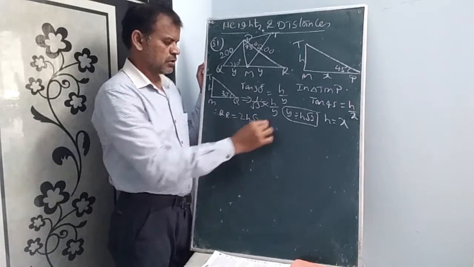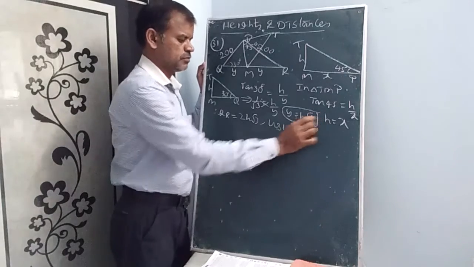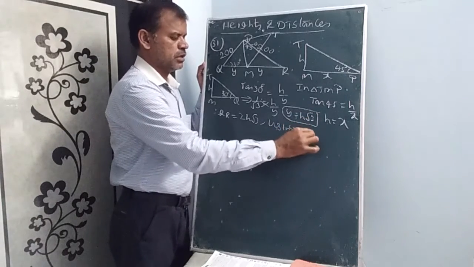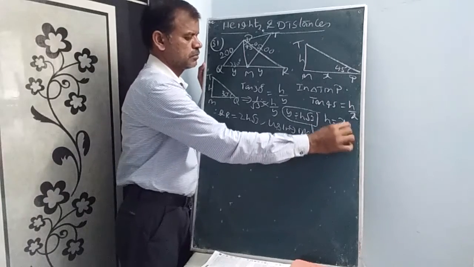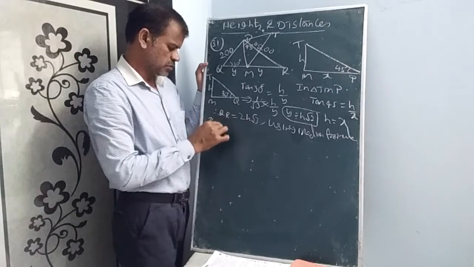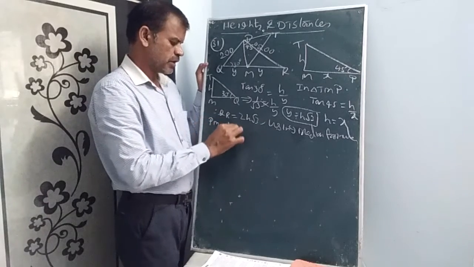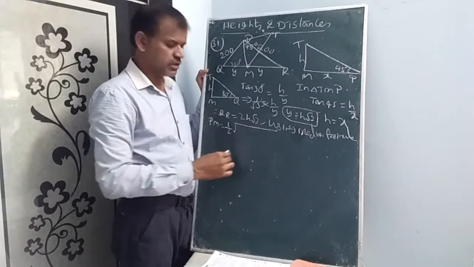Now, using the median formula, let us write it. Median PM is equal to 1 by 2 root of 2c square plus 2a square minus b square.